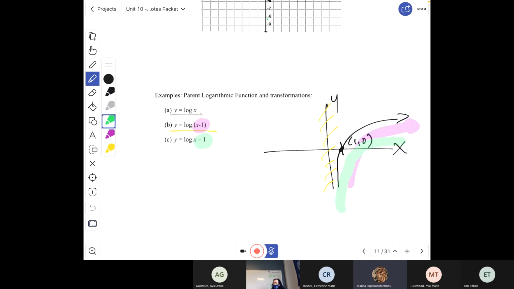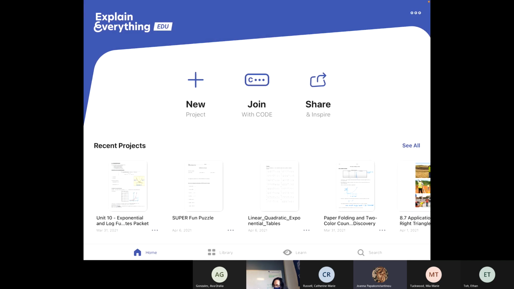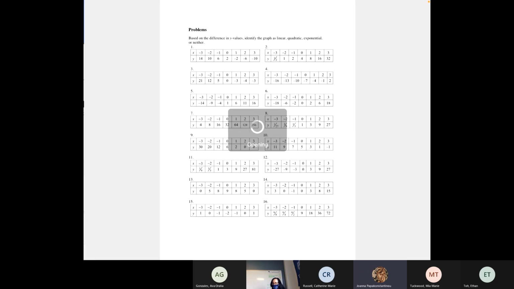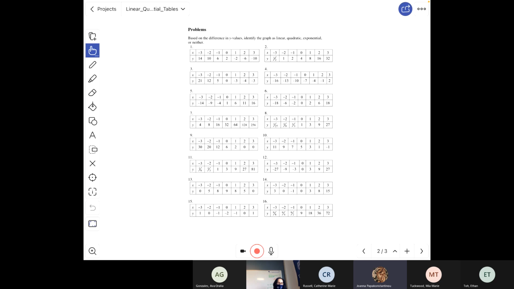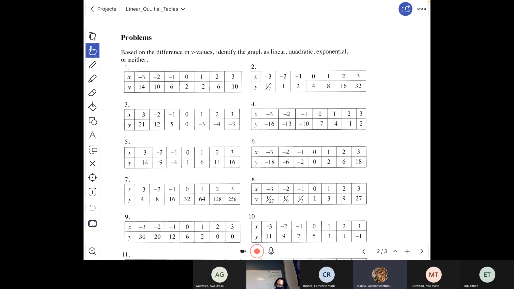Now, we're going to talk about properties of logarithms next week, but I do want to review one thing. Let's go back to this table that some of you did and some of you didn't complete. I just want to reinforce how to do exponential functions.